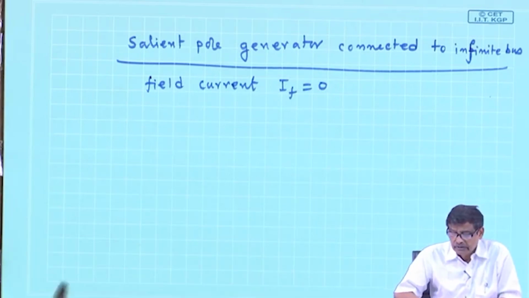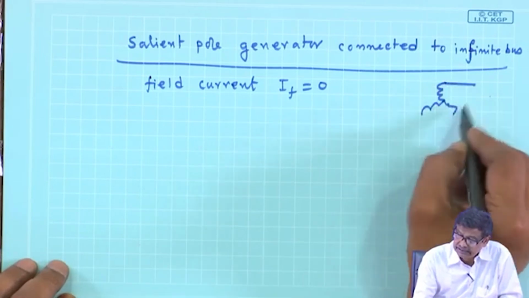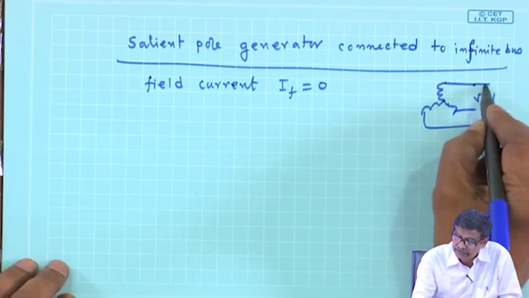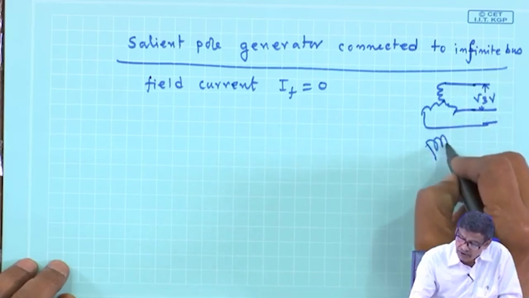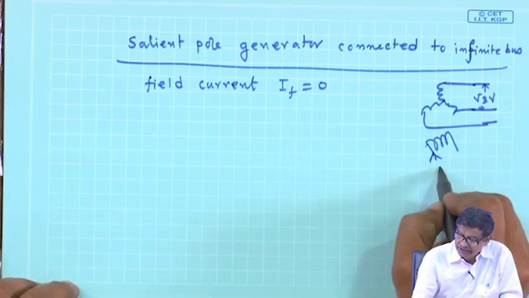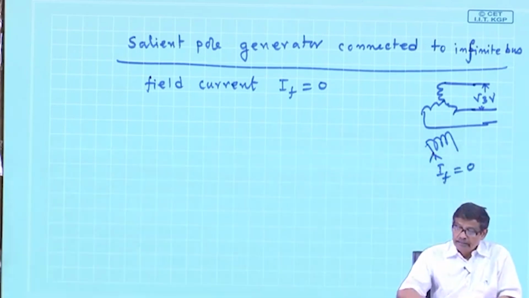With no excitation, the synchronous machine is connected to the bus, root 3 V line to line voltage, and the alternator field current IF is 0, that is no excitation. First of all, will it still operate steadily?